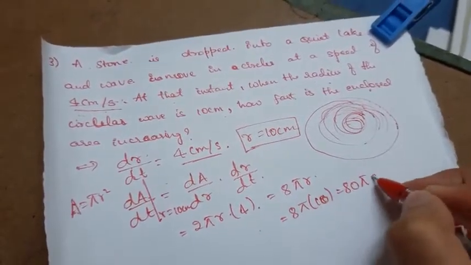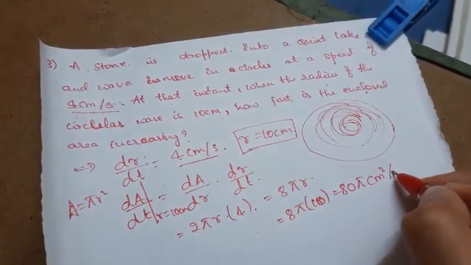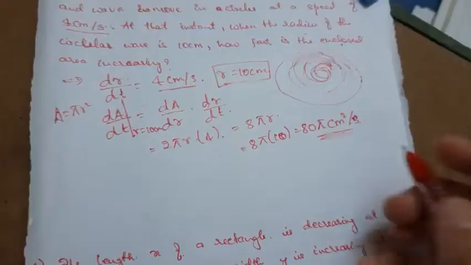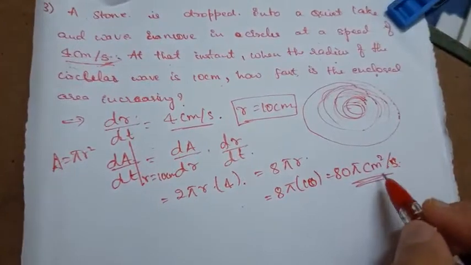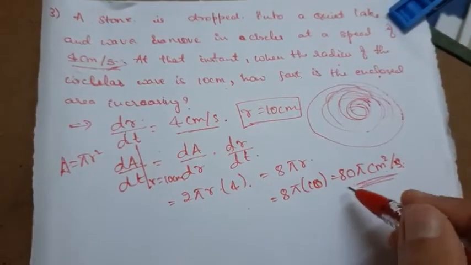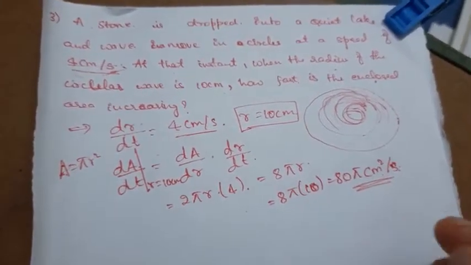What is the unit? Centimeter square per second, because the quantity is given in seconds here. So 80 pi centimeter square per second. This is the rate of change of area with respect to time. So this is how we are going to find it.